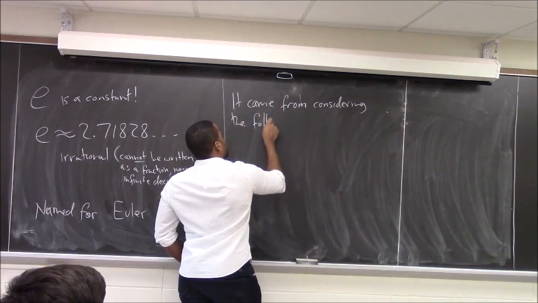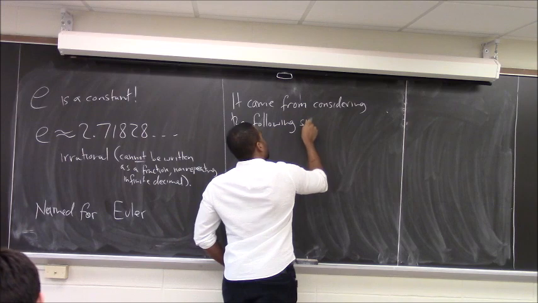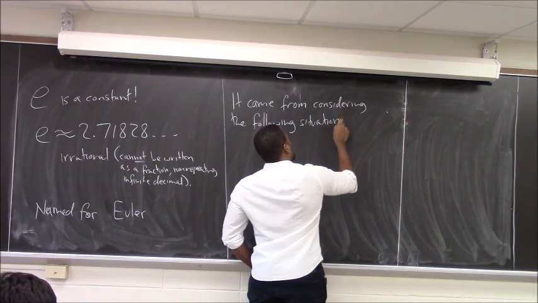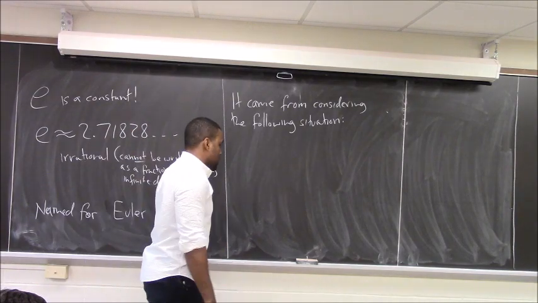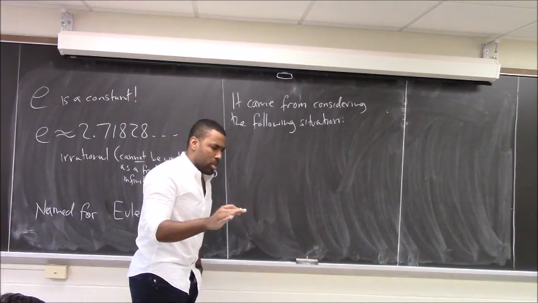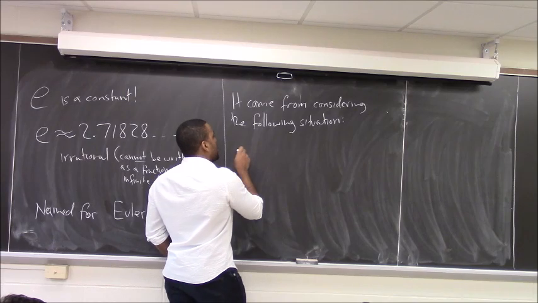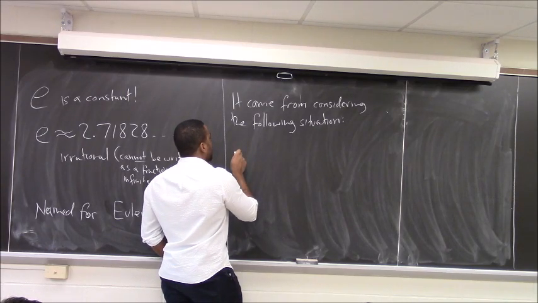Basically where it comes from is, it came from considering the following situation. He considered the idea, hopefully you guys are familiar with compound interest or something like that, but the idea is the following.